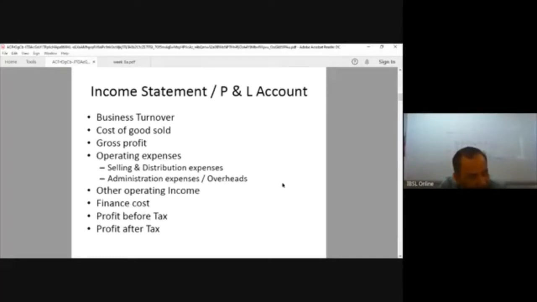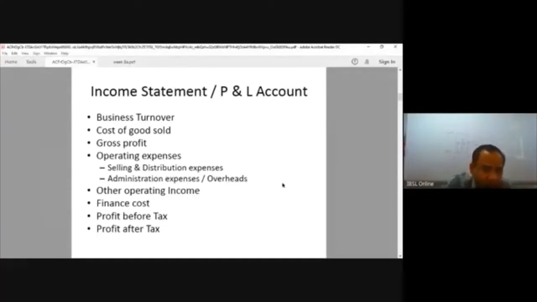A manufacturing firm will have an additional area where they identify the trading profit, and then their overheads are put in, and then they come to the net profit, right? They charge the factory overheads separately, for the raw material and everything, and then they come to the trading profit, and then office overheads are charged after that.